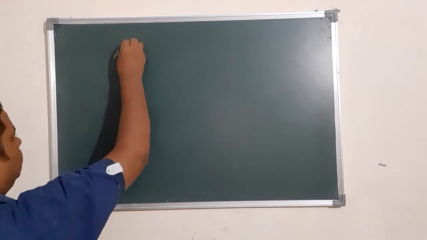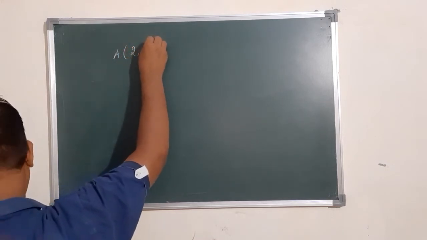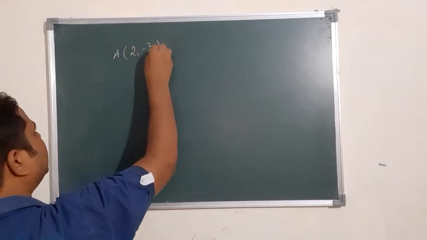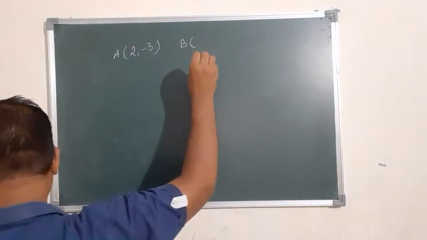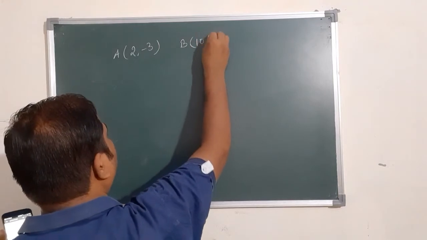Find the value of y for which the distance between the points (2, -3) and (10, y) is 10 units. (2, -3) is the point A, and B is the point (10, y).